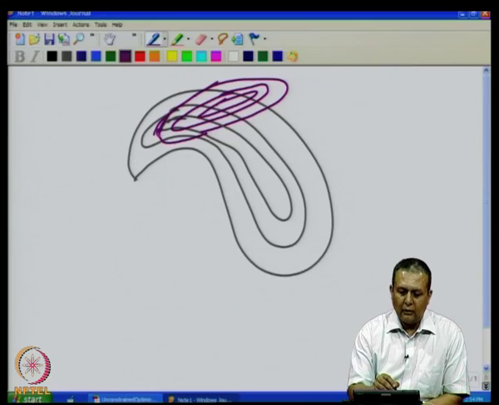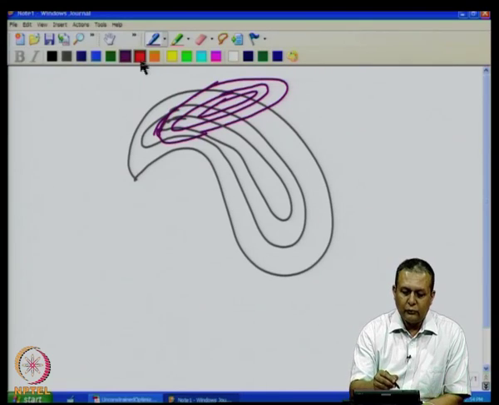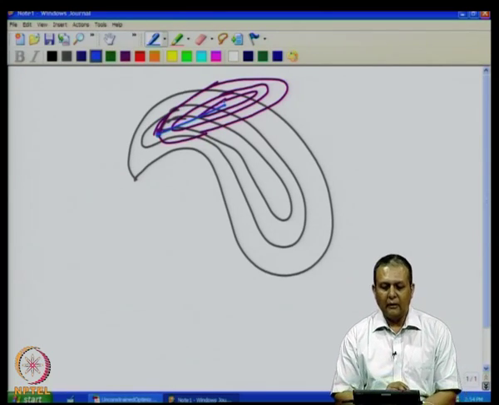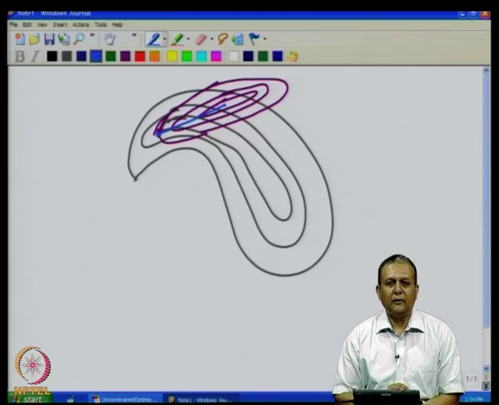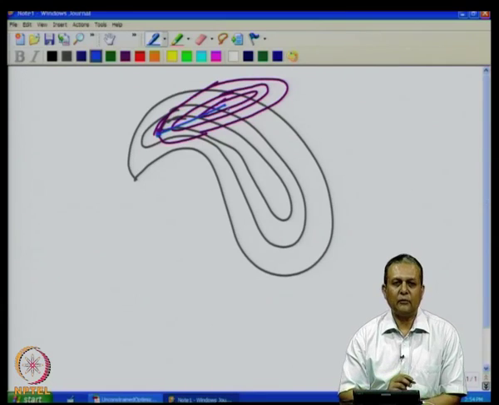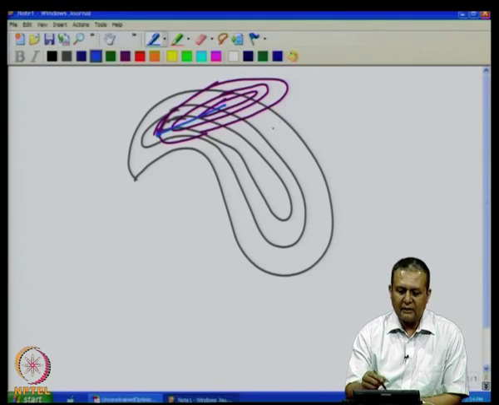Now, if one wants to go to the minimum, we simply take a step like this, and that may not reduce the objective function, or even if at all it reduces, if we do the line search, the reduction in the objective function will typically be small. So, instead, in such cases, remember that the minimum lies somewhere in this direction.